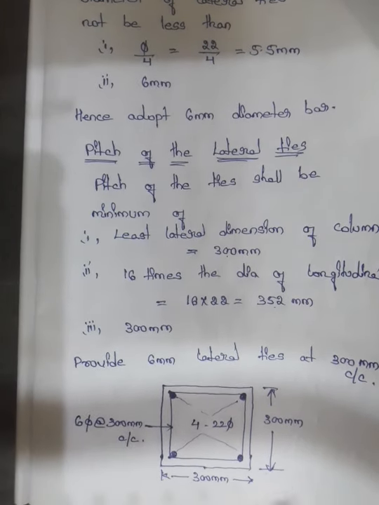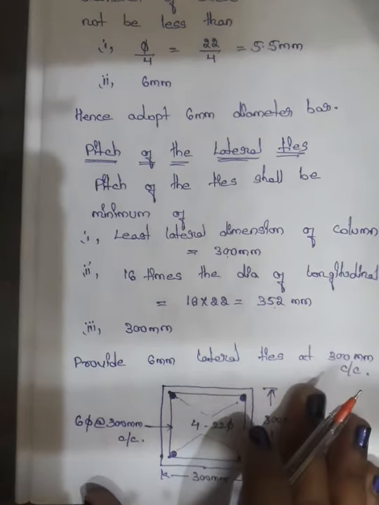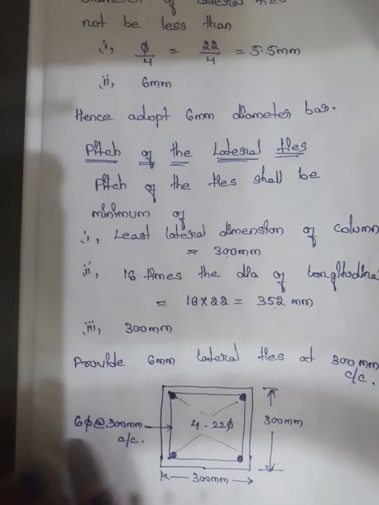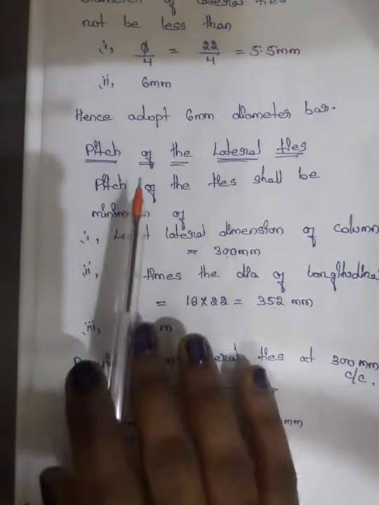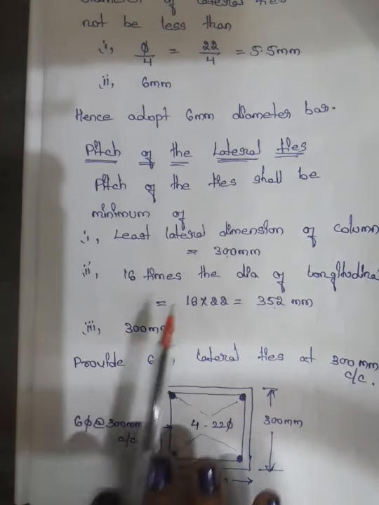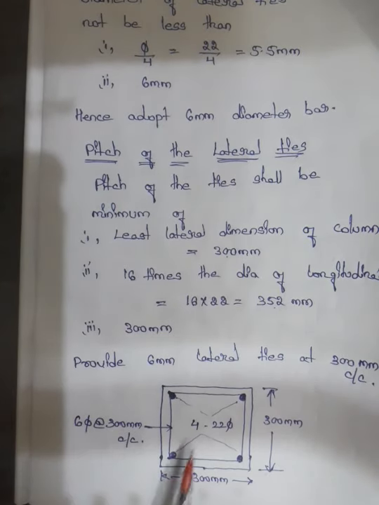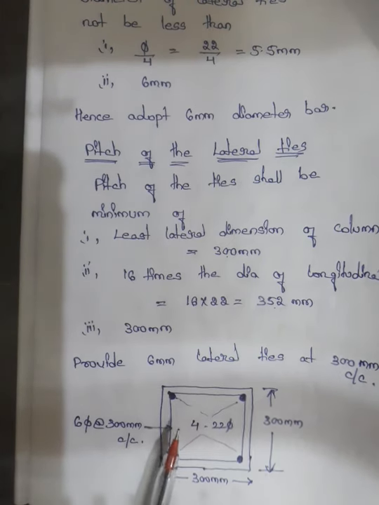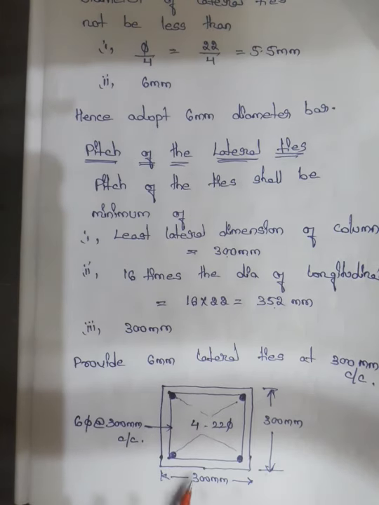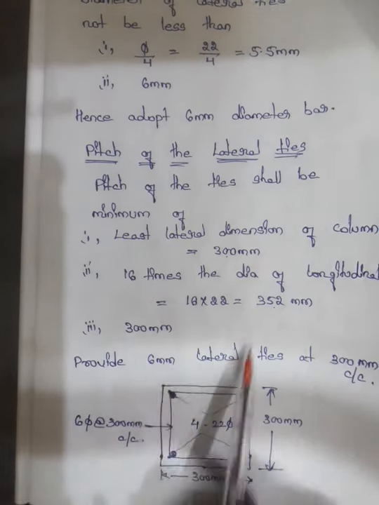So this is how we need to solve the problem of designing the reinforcement for a short axially loaded square column. We need to solve the complete problem: the longitudinal reinforcement, diameter of the lateral ties, pitch of the lateral ties, and after completion we need to draw the diagram, so that what we have calculated is shown in one diagram itself. If you want, you can draw the section also.